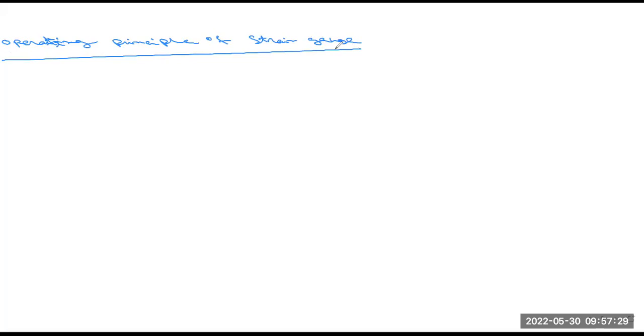So this strain gauge, you know that it is basically based on the fact that when stress is applied to the metal conductor, its resistance also changes in any direction, that is the length, x direction, something like that. Okay, so I am drawing a picture, then it is very clear.